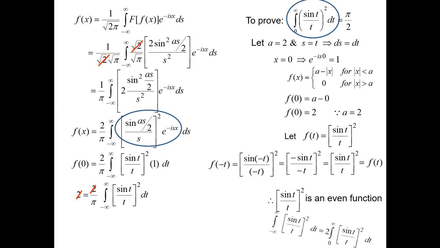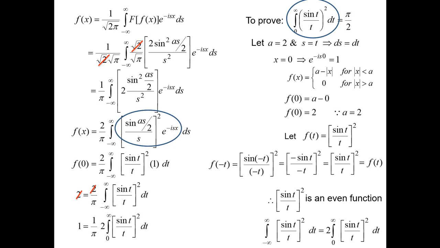When it is an even function, by using the property of integration, integral over minus infinity to plus infinity (sin t by t) the whole square dt equals 2 into integral over 0 to infinity (sin t by t) the whole square dt. So substituting here, we get 1 equals 1 by pi into 2 into integral over 0 to infinity (sin t by t) the whole square dt.